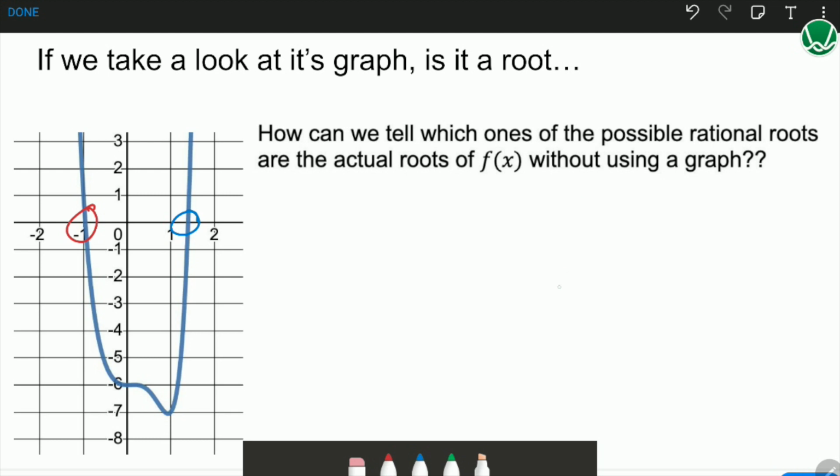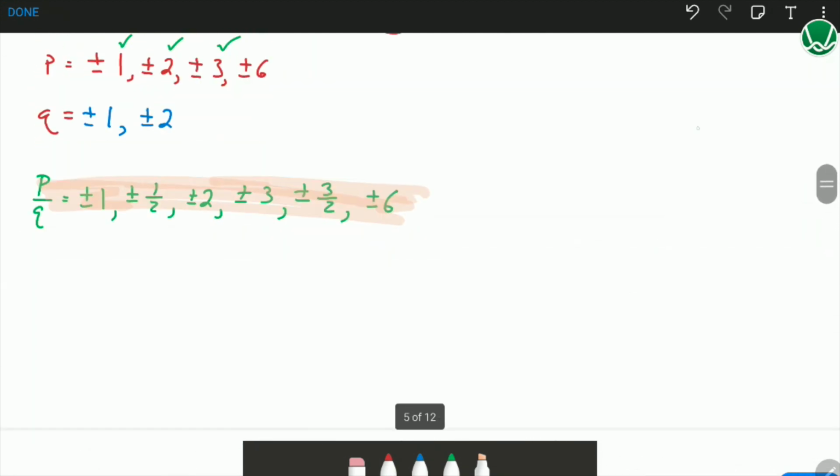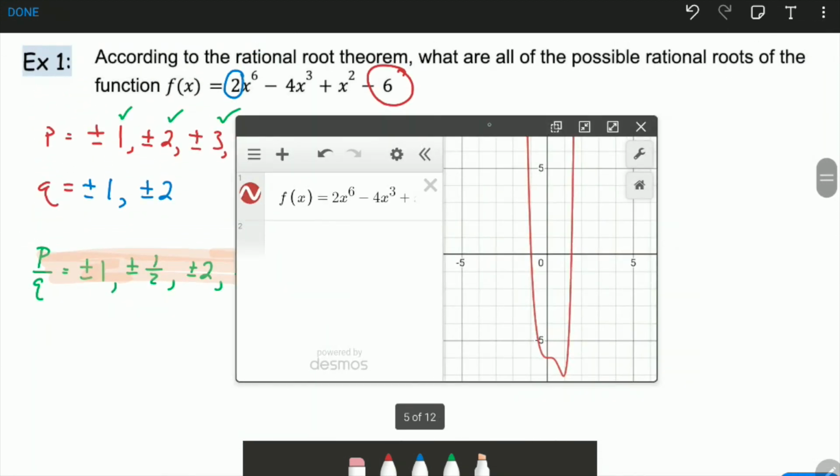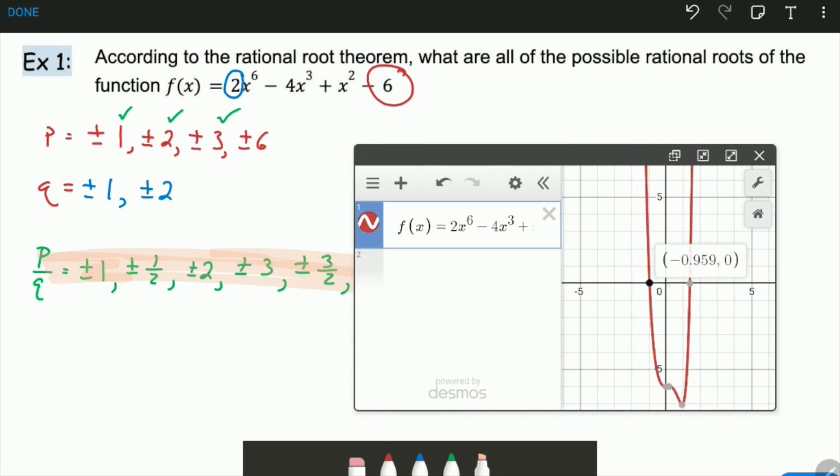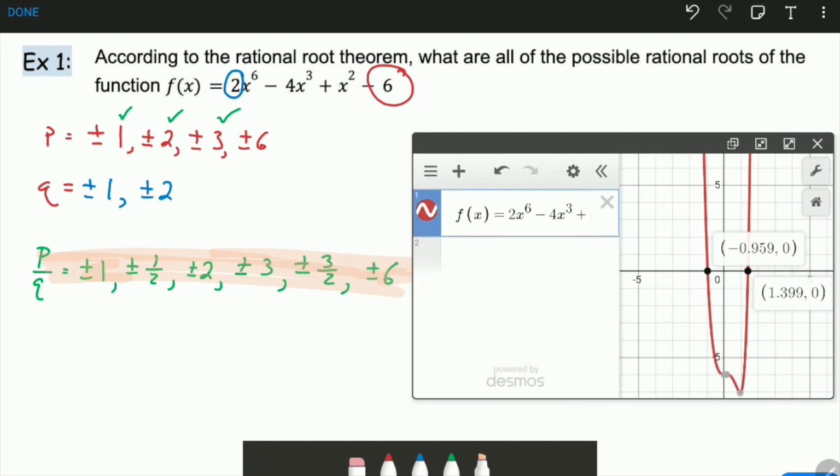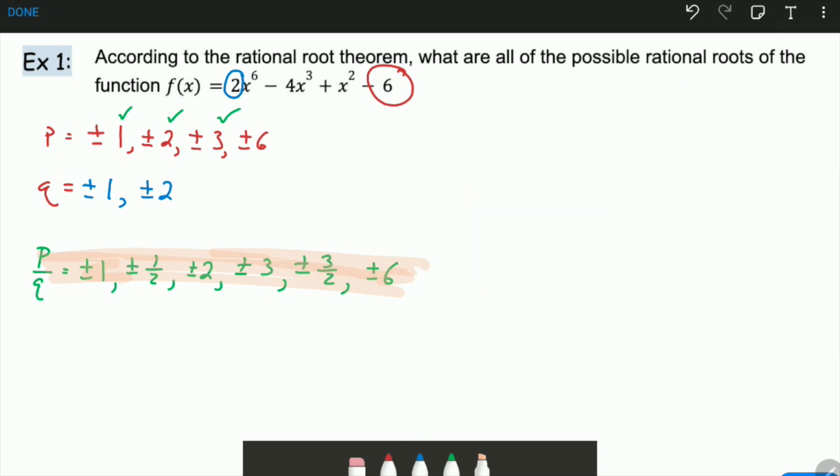So if I pull up a graphing calculator, Desmos here, I already have the equation typed up, and if I click on it, we can see the actual roots, which neither of those are on this list of numbers. So how could we figure that out without a graphing calculator? That's where either synthetic division comes in or evaluating the polynomial using the possible roots, applying the rational root theorem, which we'll do in the next example.